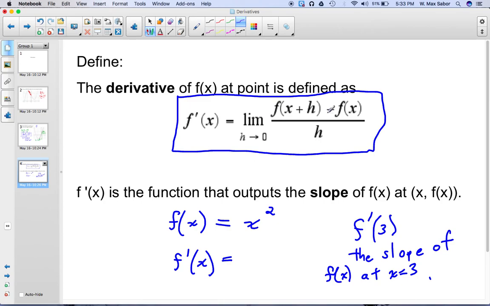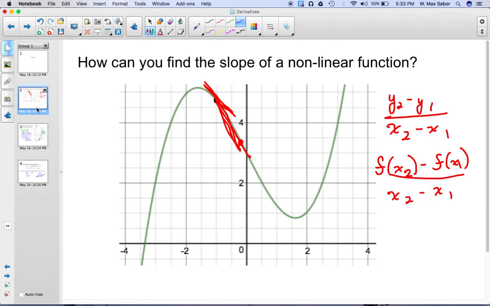This is a derivative, and we will be using this definition to calculate what derivatives are, and then we will be using derivatives to solve all the types of problems we could do with linear equations that we couldn't do with more complicated equations because we didn't know their slopes.